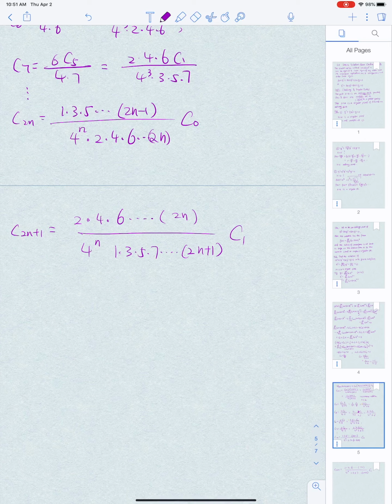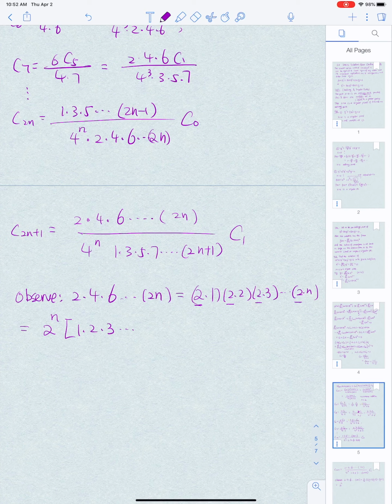Okay, now notice 2 times 4 times 6 times up to 2n. Every number is a factor of 2. So if we multiply all those 2's together, totally we have n of them. So we have 2 to the power n.